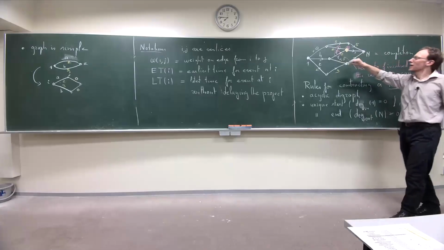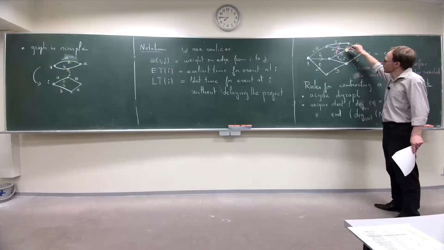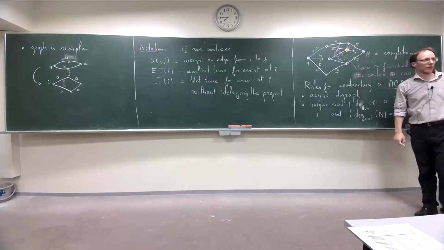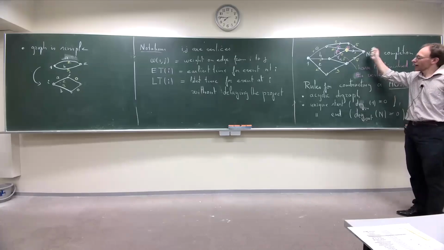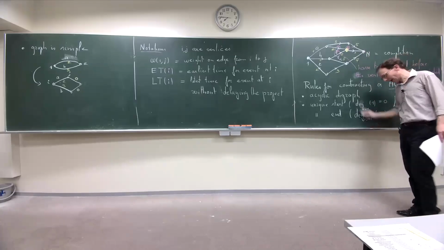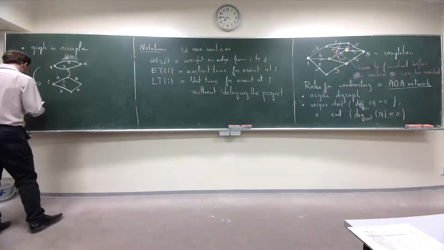So it's not easy. You want to know the latest time so that you can start the activity from here to here so that there is no delay. Yeah, it's related to the earliest time here, indeed. I will come back to this. So I just give the definition for now.